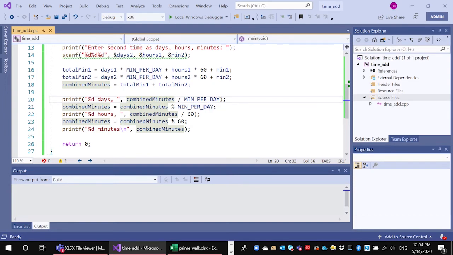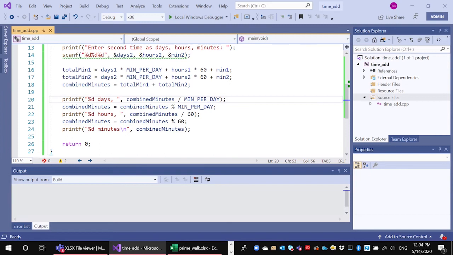That is going to be integer division, and it will return how many times minutes per day goes into that, and that will actually give me the number of days. Because I've got a huge number of minutes, I see how many minutes per day go into it, and that gives me the number of days. If there's a fraction, integer division simply throws it away, and I get the number of days.